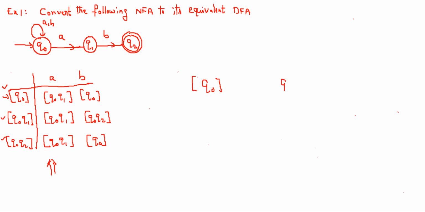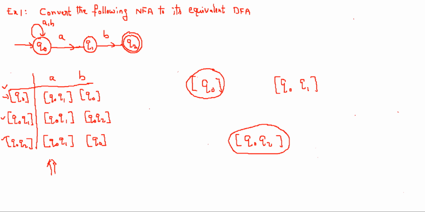Next one is Q0 Q1, another combined state in the DFA, and another one is Q0 Q2, another combined new state in the DFA. Now every state we will represent with a circle. As usual, you just mark the circle. Now this is the initial state.